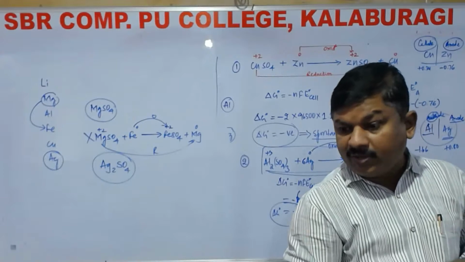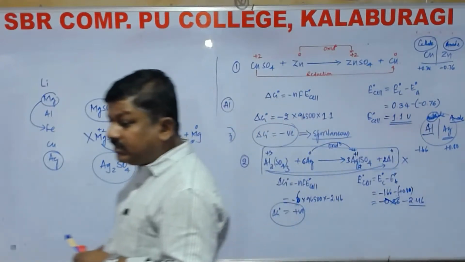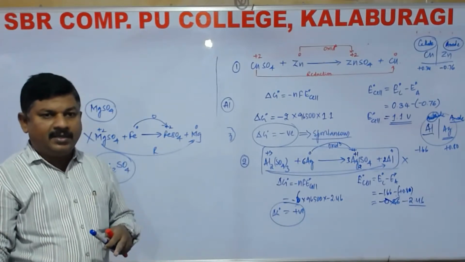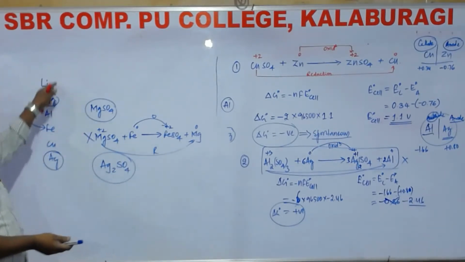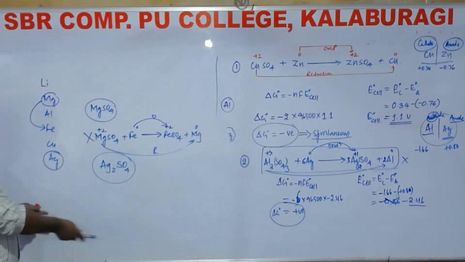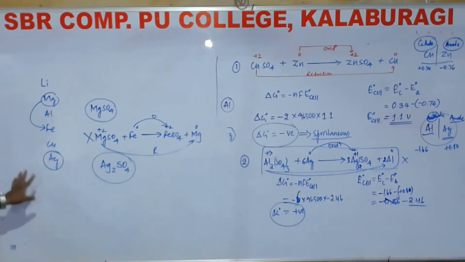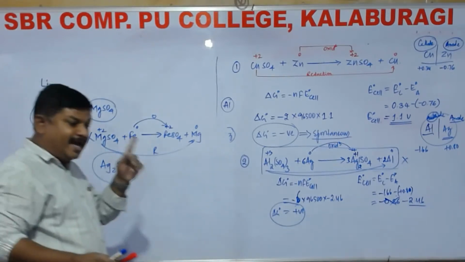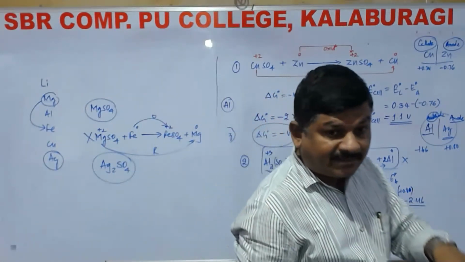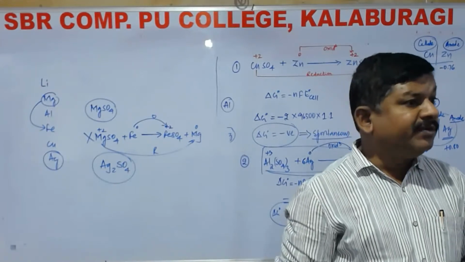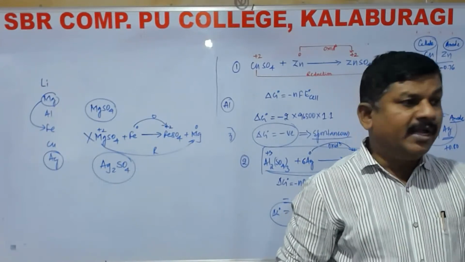What is the definition of electrochemical series or reactivity series? It's the arrangement of elements or electrode systems in increasing or decreasing order. Sometimes they may go from negative to positive, or sometimes from positive to negative. Again, higher and lower confusion: higher means the element which has a negative reduction potential, lower means which has a positive one. So an element with a negative reduction potential can displace an element with a positive reduction potential, but an element with a positive reduction potential cannot displace one with a negative reduction potential.